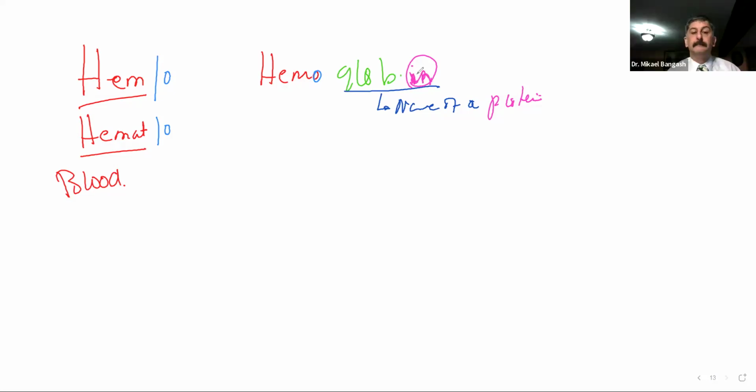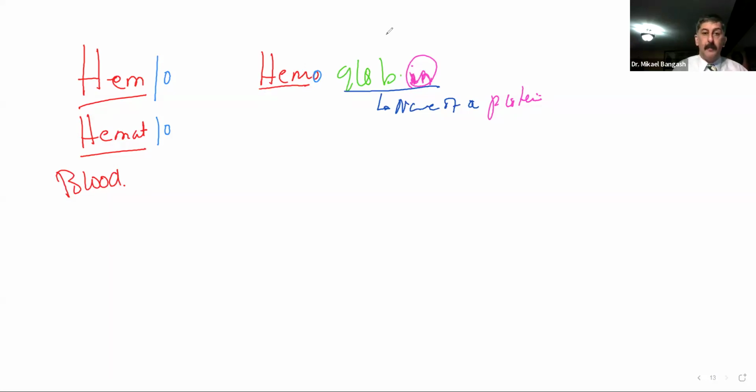Did you guys get that? One place where we find globin is in the blood, and that is referred to as hemoglobin.